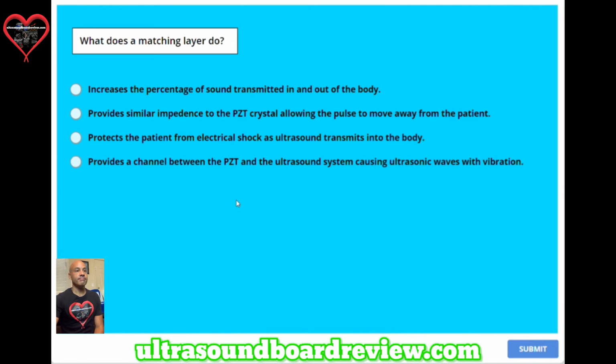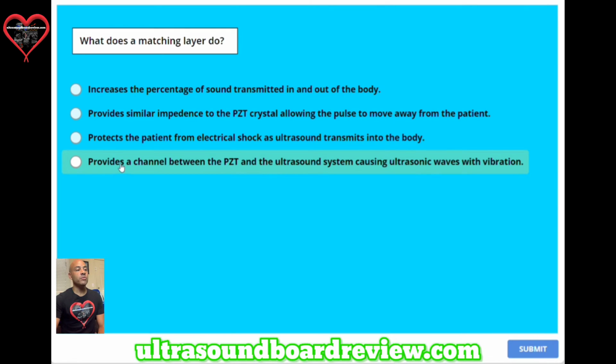Question 22. What does a matching layer do? A, increases the percentage of sound transmitted in and out of the body. B, provides a similar impedance to the PZT crystal, allowing the pulse to move away from the patient. C, protects the patient from electrical shock as ultrasound transmits into the body.